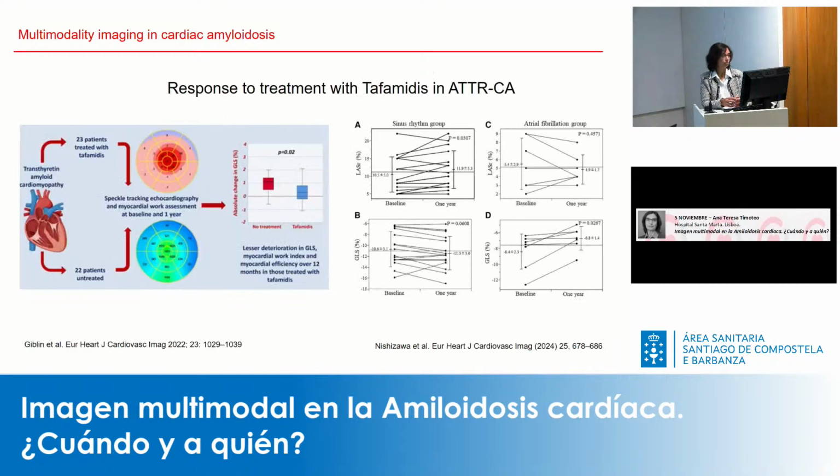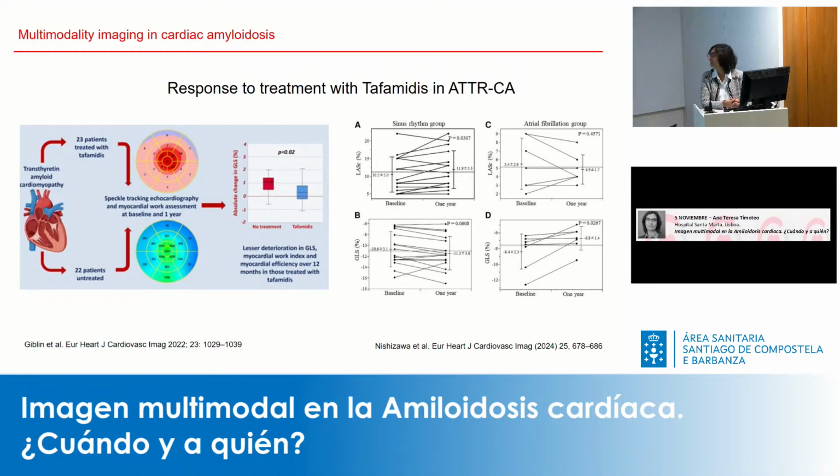As for treatment response, for instance, in patients with ATTR cardiac amyloidosis treated with tafamidis, we know that when there is a lesser deterioration of GLS, myocardial work index and myocardial efficiency over 12 months while the treatment is being done, they have a better prognosis. And on the right-hand side, you can see that the response can be different if the patient is in sinus rhythm or in atrial fibrillation.